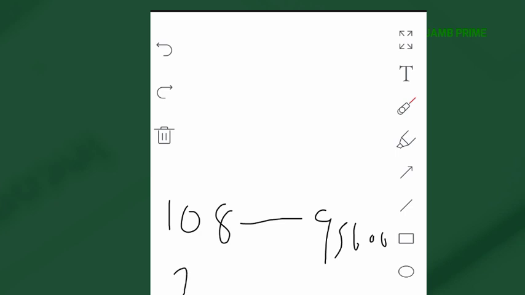So 3.6 gram of silver will be equal to how many coulombs?